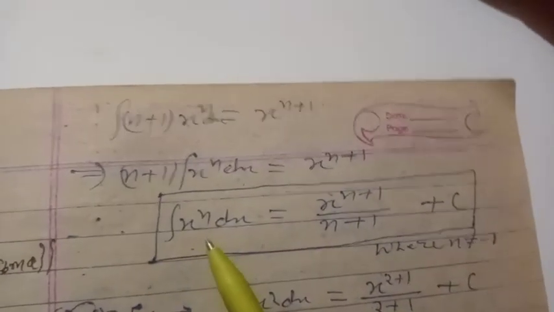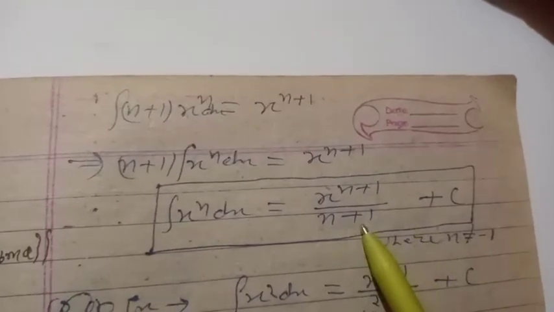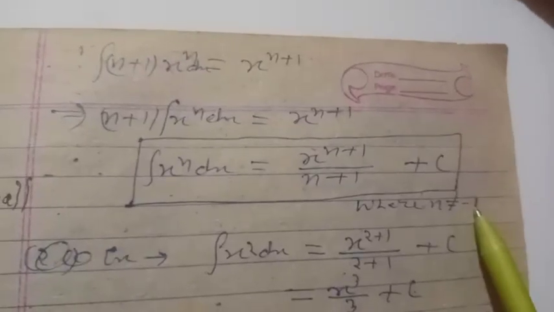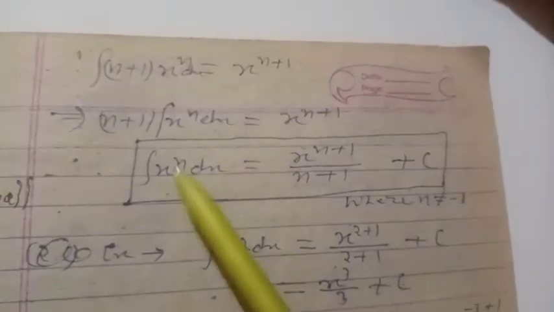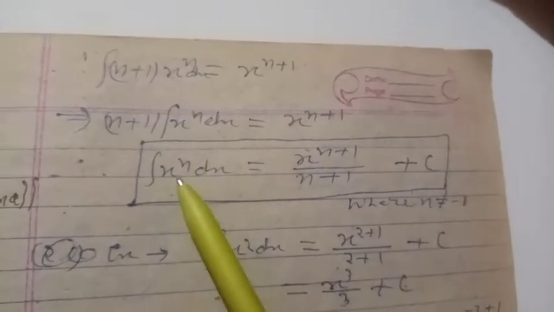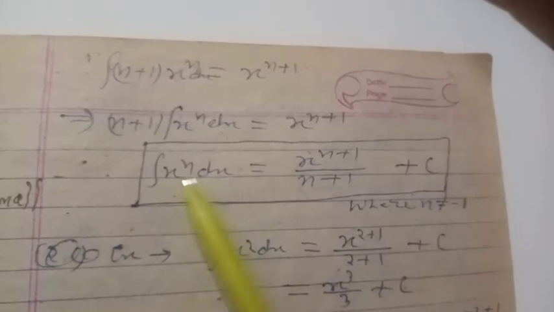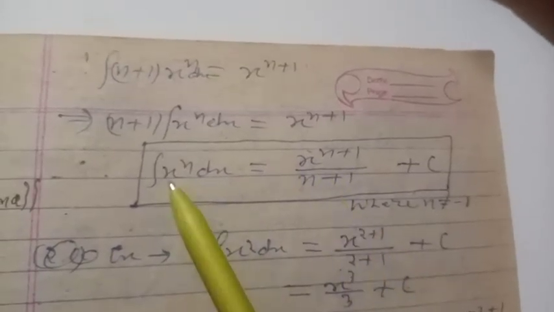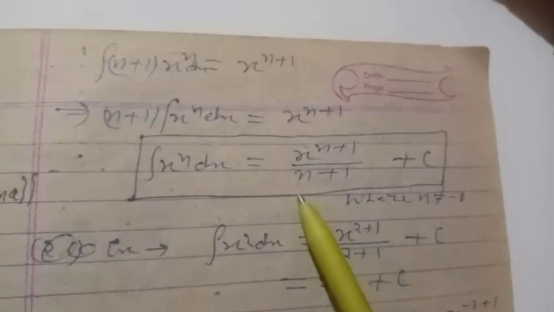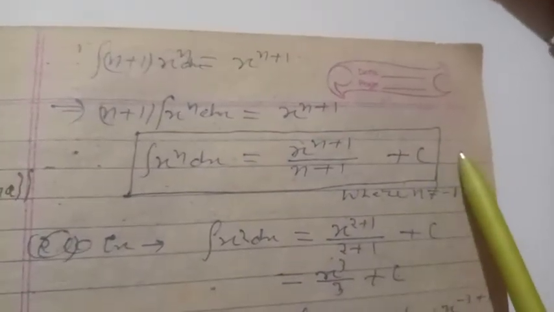Hence integration of x to the power n dx will be x to the power n plus 1 divided by n plus 1 plus c, where n is not equal to minus 1. So this is the formula for integration of x to the power n. Whenever we have such a type of function, we directly use this formula, that is, integration of x to the power n dx equals x to the power n plus 1 divided by n plus 1 plus c, where c is an integration constant.